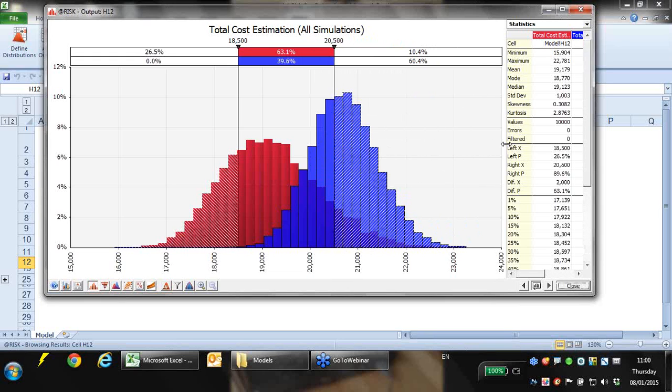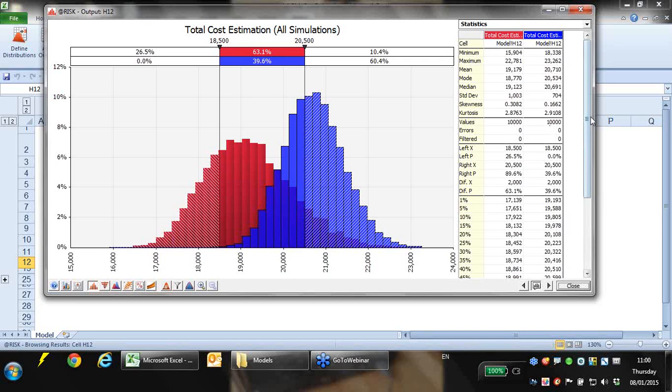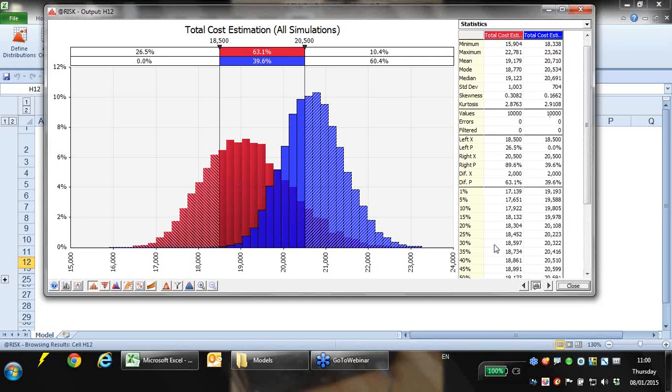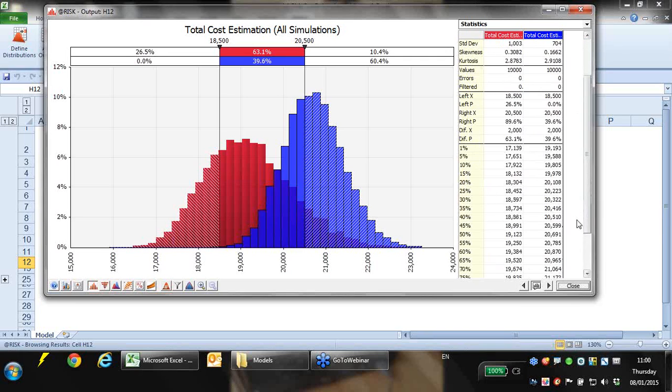So if we look at the comparison between the two, all of the different comparative statistics here, from the P1 up to the P90, etc., things look worse for the stress simulation than the baseline one, which is once again what we'd expect. But I think this is still very nice.